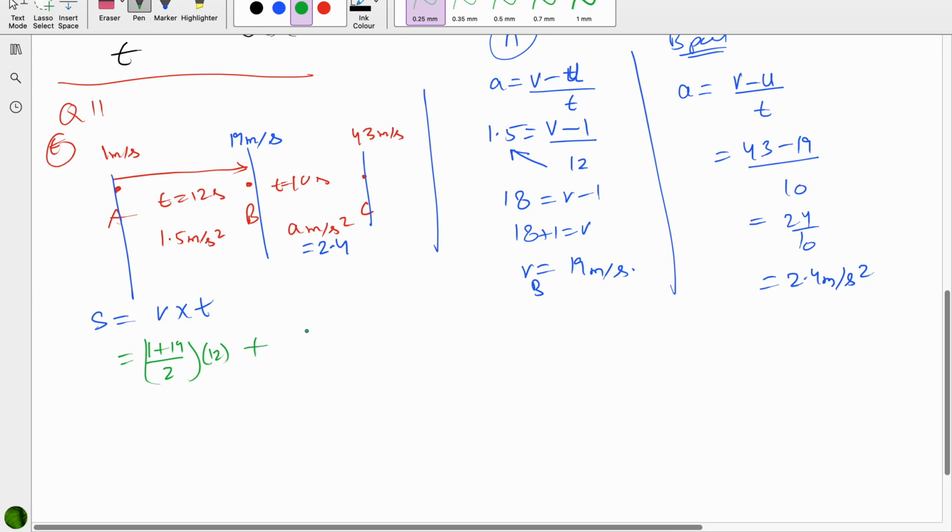For the second section, it is again initial plus final by 2, average into time taken, that is 10. So 19 plus 1 is 20 by 2, 10 into 12, 120. 19 plus 43 is 62 by 2, 31 times 10 is 310. So 120 plus 310 is 430 meters.